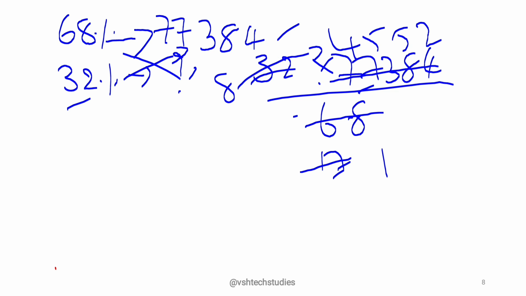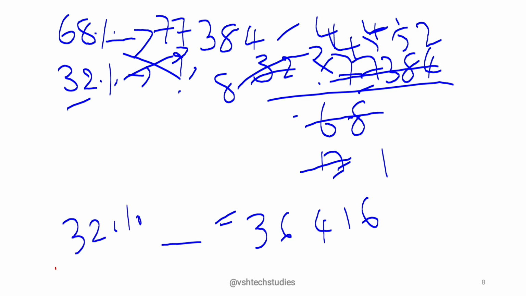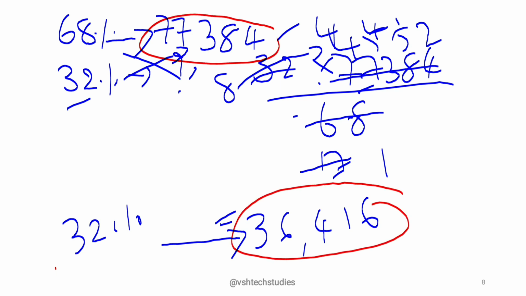Now 8 into 4552 we have to do here. 8 2s are 16, 1 carry, 8 5s are 40, plus 1 is 41, 1 here, 4 carry, 8 5s are 40, 40 plus 4 is 44, 4 here and 4 carry, 8 4s are 32, 32 plus 4 is 36. So 32% means it is 36,416.